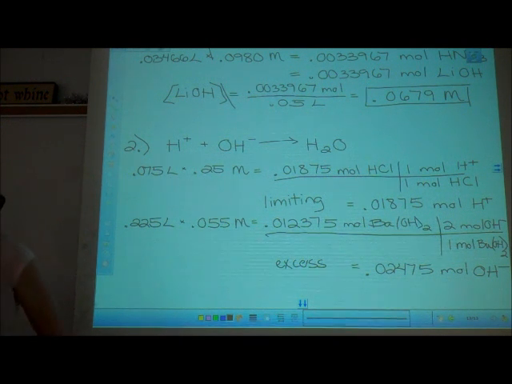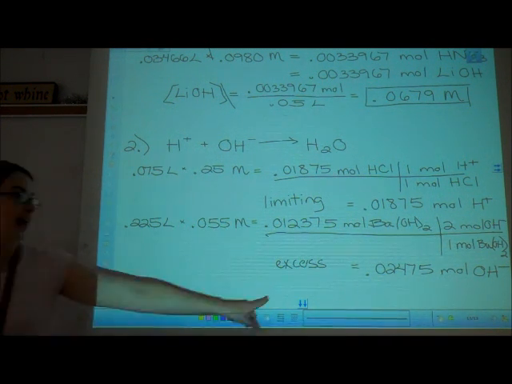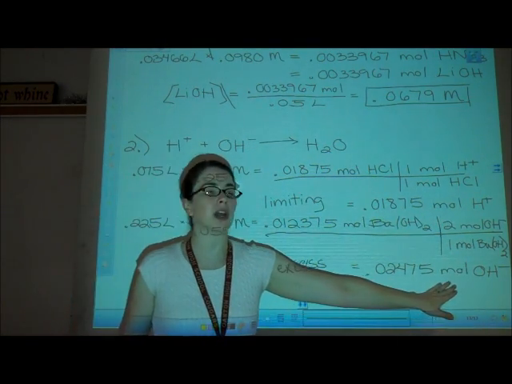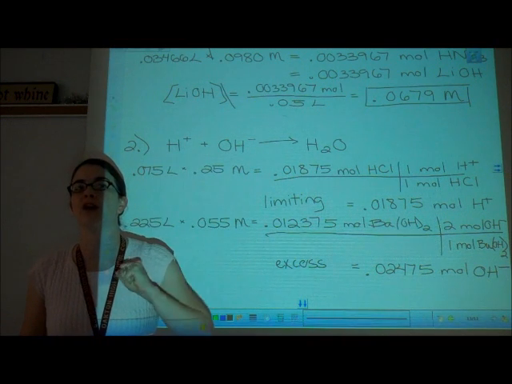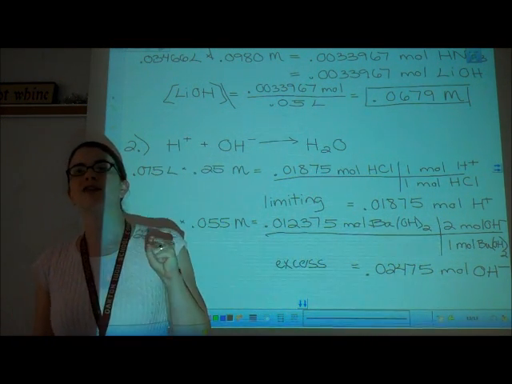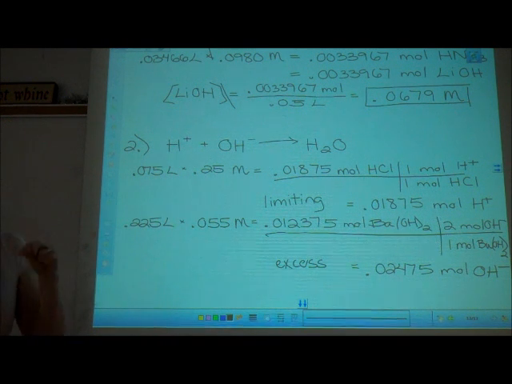You are asked, what is the concentration of hydroxide that is left over? That's not what this is. This is the amount of hydroxide I have at the beginning of the reaction. Tell me how to figure out how much hydroxide is consumed.